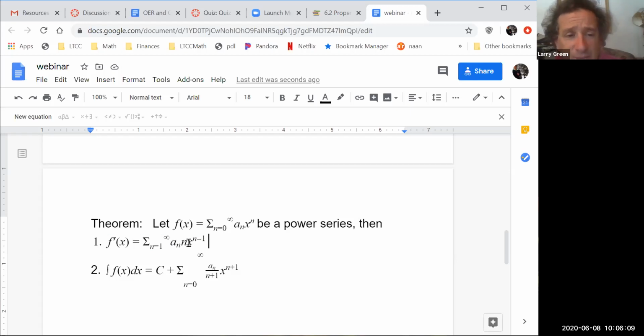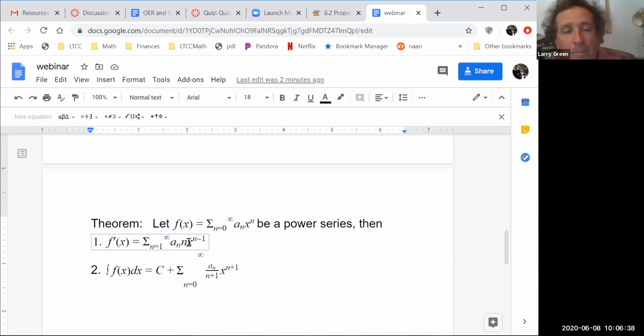Okay, on the other hand, we only made it bigger by a multiple of n. And remember, step 1 on checking for interval of convergence is the ratio test. And the x to the n, or the x to the n minus 1, those are going to be what counts most on the ratio test. So the radius of convergence will stay the same.